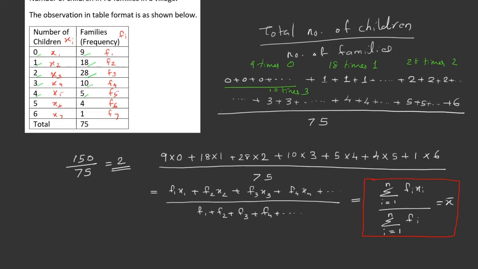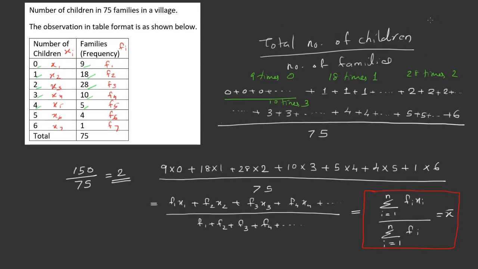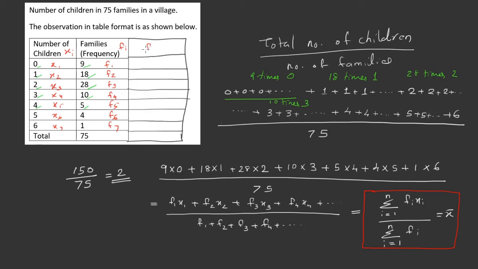We will do this question with the formula. For this, we need to draw one more column here for fi xi. Finding the products: 9 into 0, 0; 18 into 1, 18; 28 into 2, 56; 10 into 3, 30; 5 into 4, 20; 4 into 5, 20; and 1 into 6, 6.